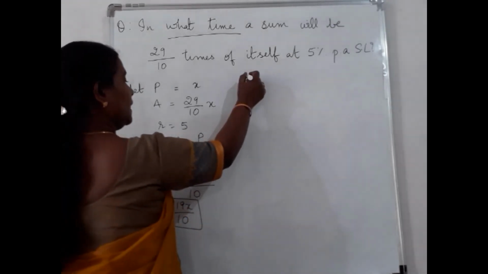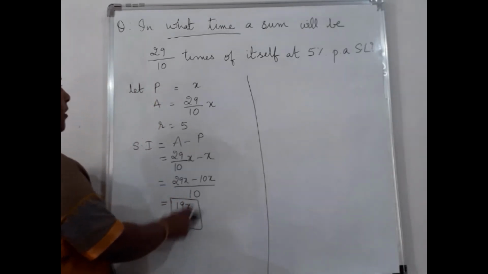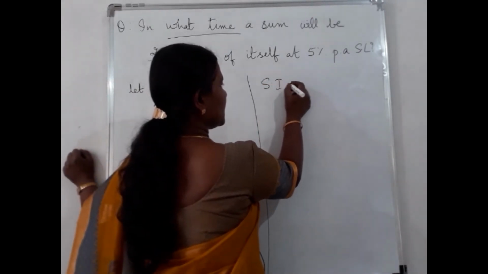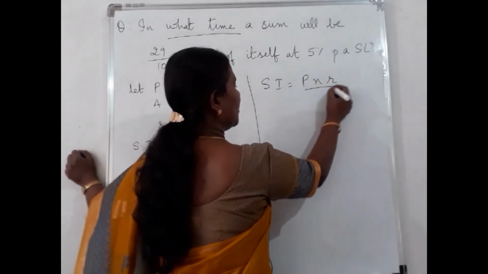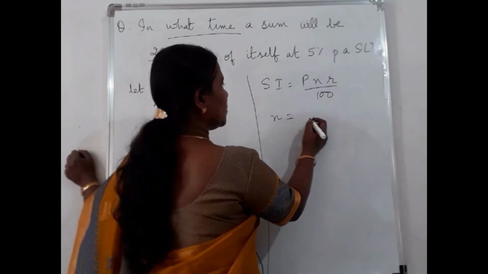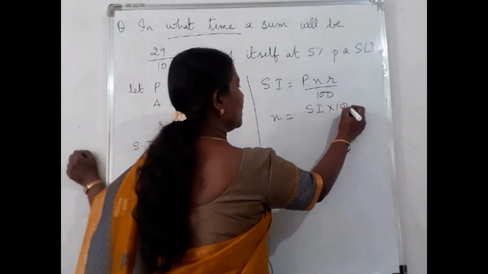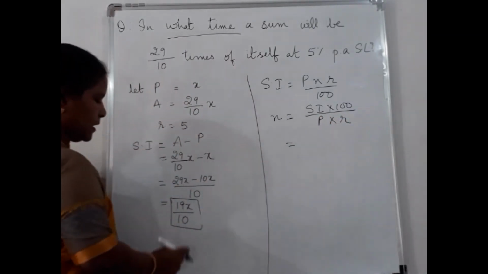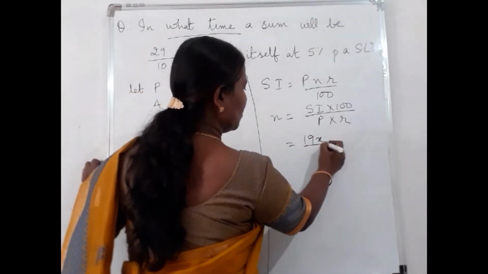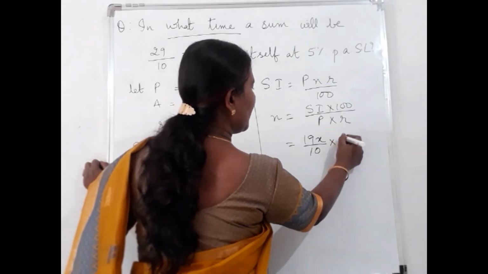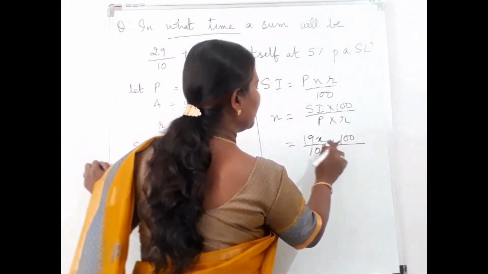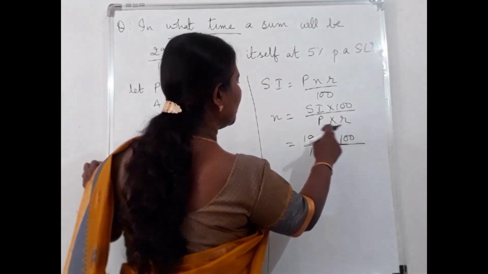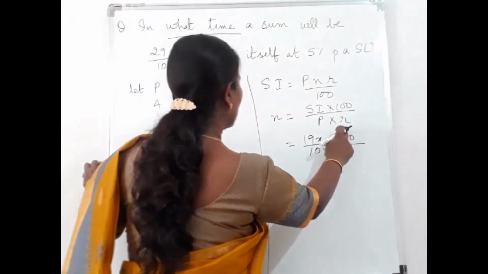When we know simple interest, principal and R, we can find N. Simple interest is equal to PNR by 100, so N is equal to simple interest into 100 divided by P into R. That is 19x by 10 into 100, divided by principal x into R, which is 5.